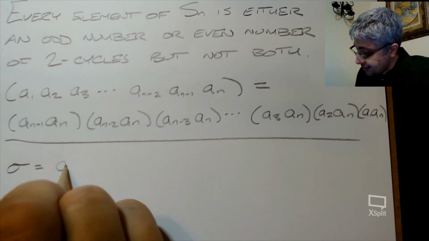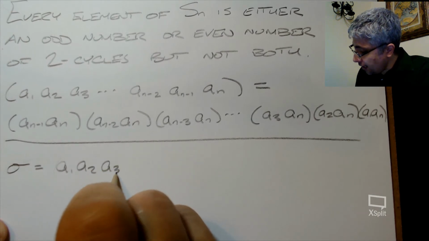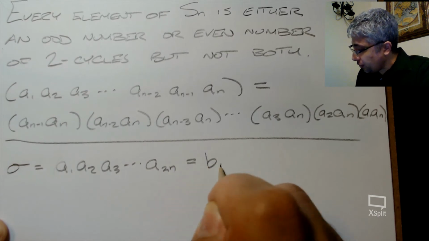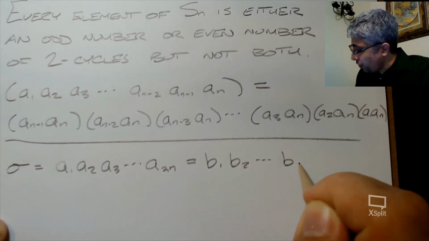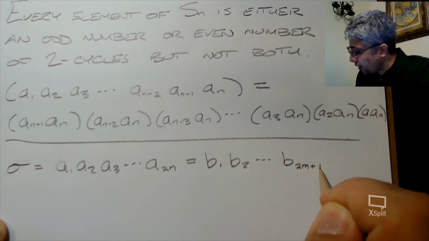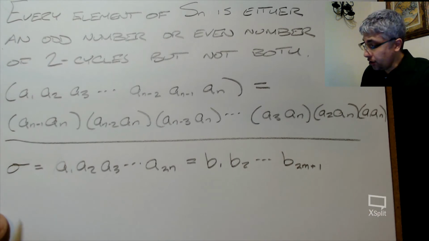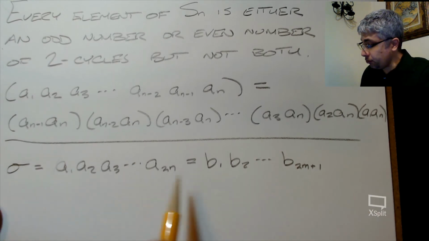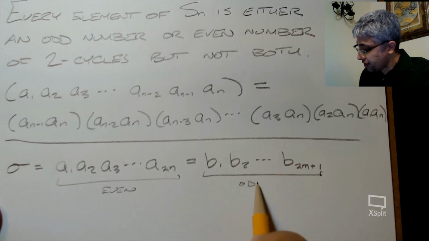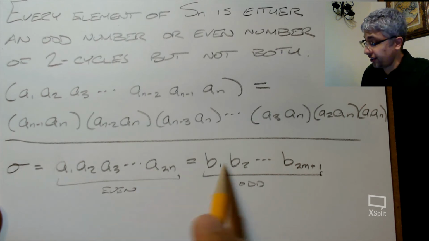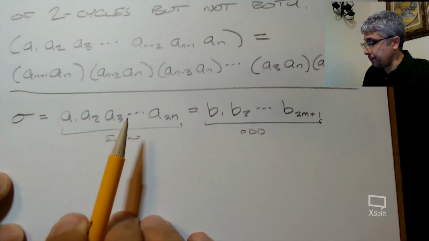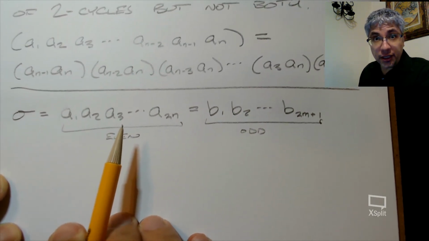So I'll say this is a1, a2, a3, and so on through a2n, and it's also equal to b1, b2, b3, all the way up to b2m+1. Okay, so we have some permutation that can be written as an even number of 2-cycles and an odd number of 2-cycles. And we're assuming that all the a's here are 2-cycles and all the b's here are 2-cycles. Okay? So now what do we conclude?